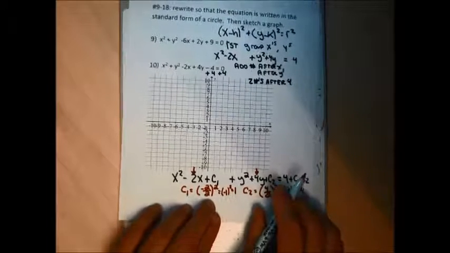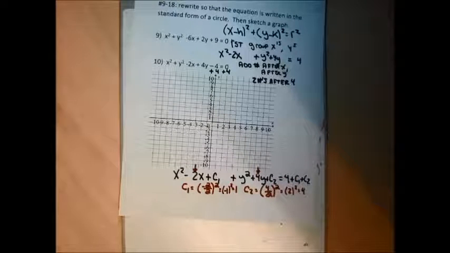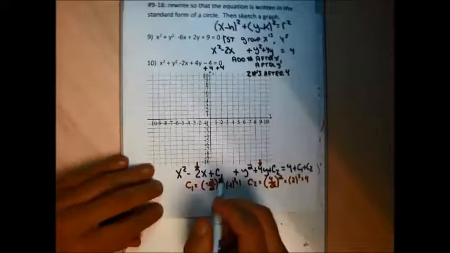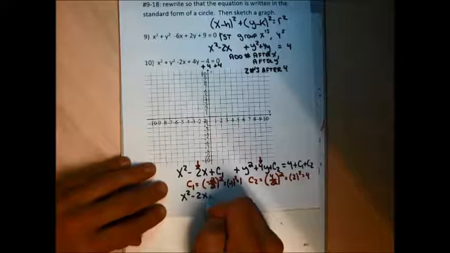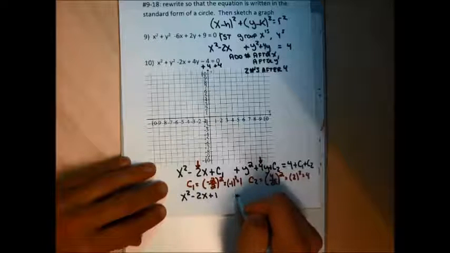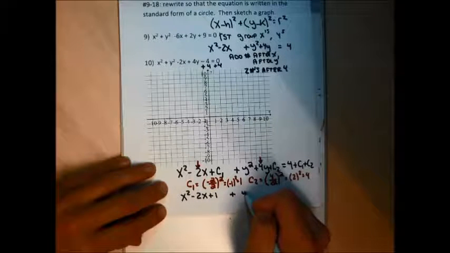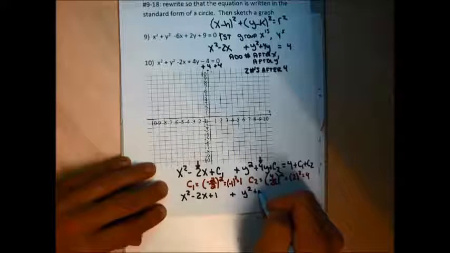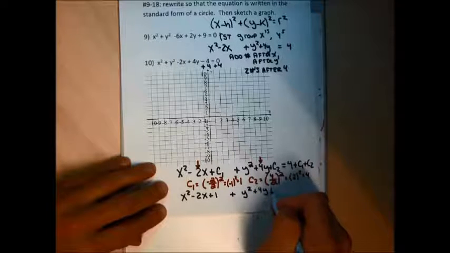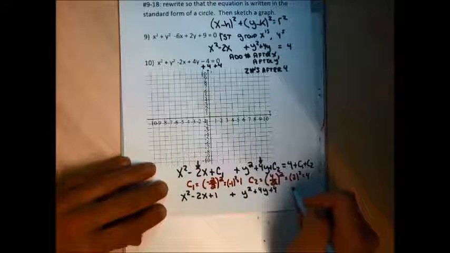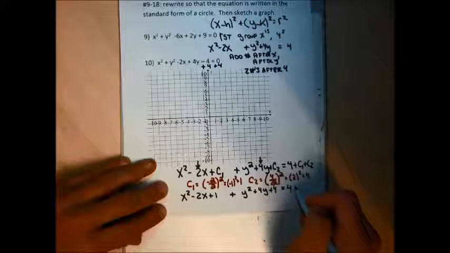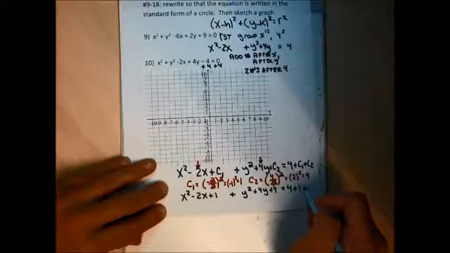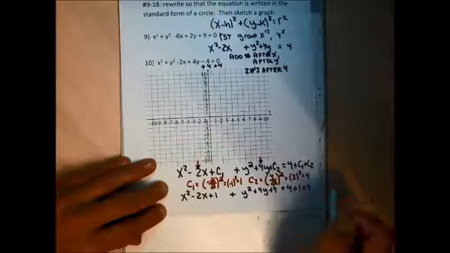So what I'm going to do is rewrite the left-hand side with C1 replaced with the number 1, then the C2 replaced with the number 4. And on the right-hand side, I have to add that same C1 and C2. So I'm going to put a 1 in for the C1 and a 4 in for the C2.